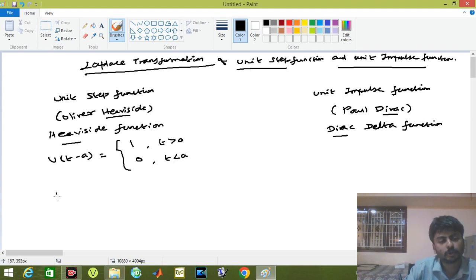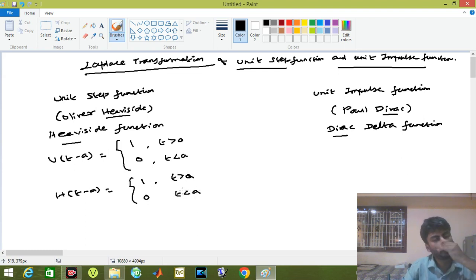It is also called as h of t minus a. H of t minus a, that is equal to, this is unit step function, this is Heaviside function, 1, 0, that is t greater than a and t less than a. Okay, you can write 0 for t less than a first and 1 for t greater than a next.